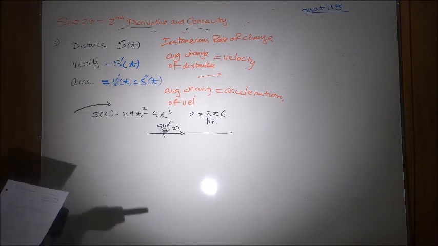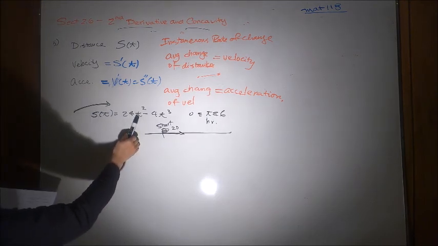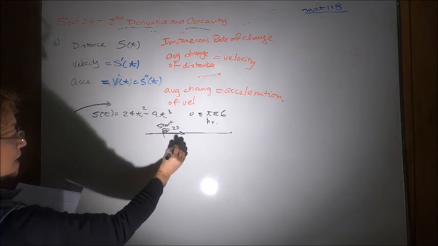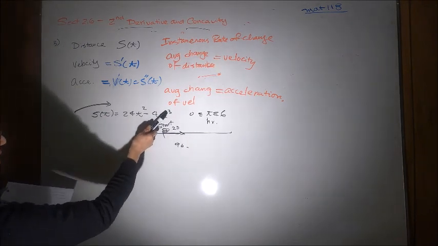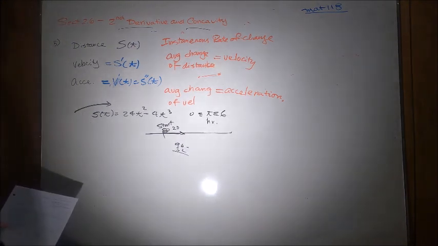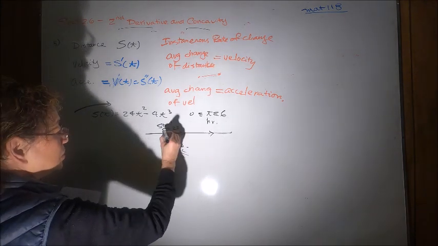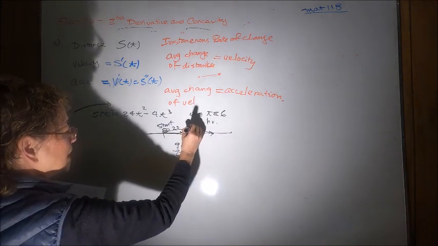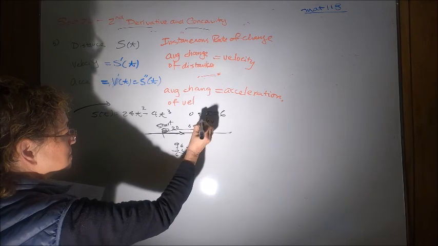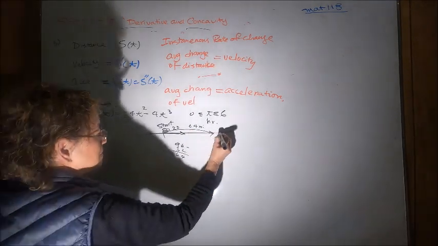After 2 hours, that would be what? You type in 2 to the power of 4, 96 minus 32. That would be 64, right? Total would be 64 miles, right? So that means what? A little bit longer.